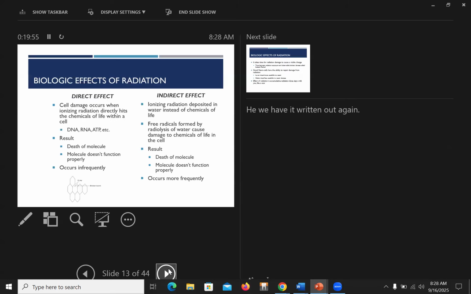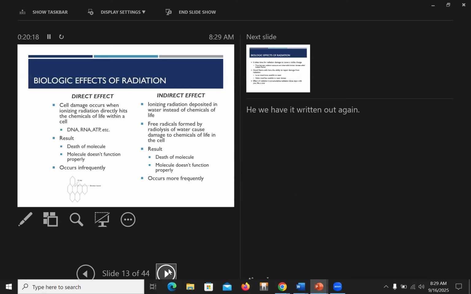So the direct effect: cell damage occurs when the ionizing radiation comes in and directly hits the payload right in the center of the cell, the chemicals of life. The result is going to be death of that cell. It's going to damage the DNA, the RNA, whatever else is inside that nucleus.